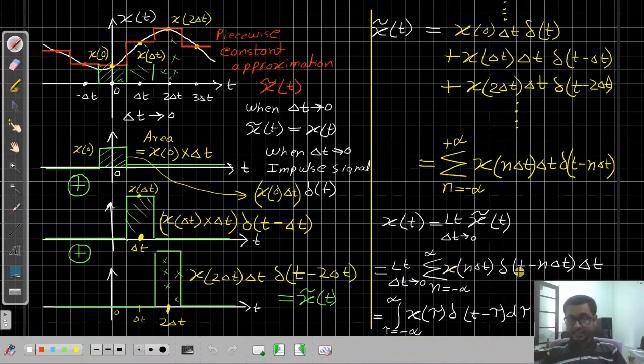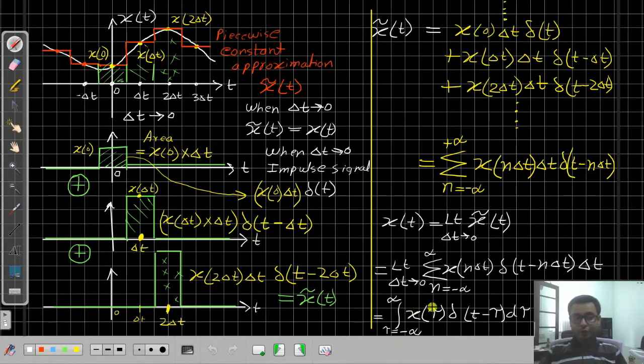And then the slices are like time shifted impulse signals, which you can therefore write as x(t) equal to the integration of x(tau) delta(t minus tau). And when we told this relation, this formula, at that point you probably did not know that this is also the formula of convolution between x and delta.